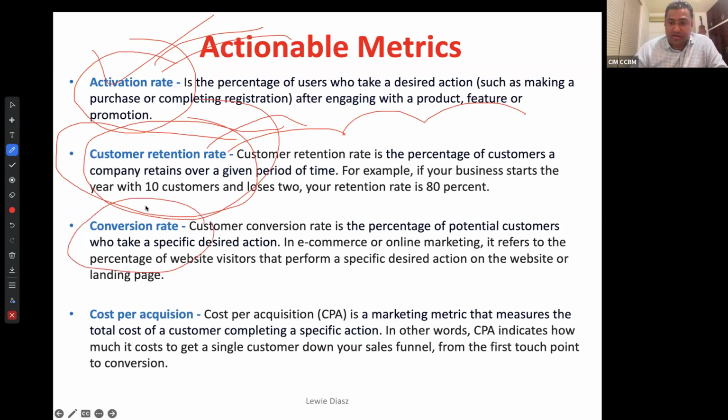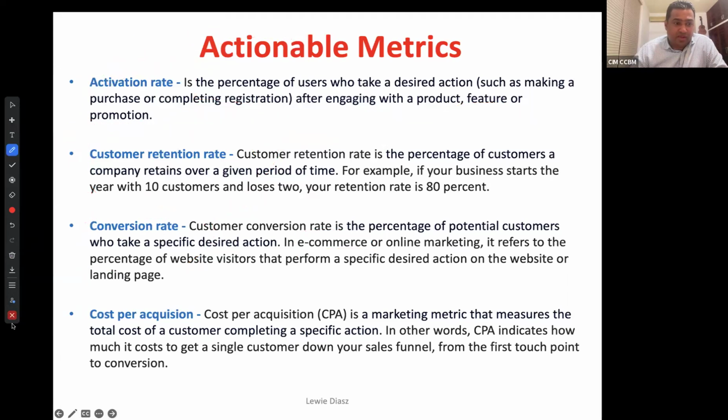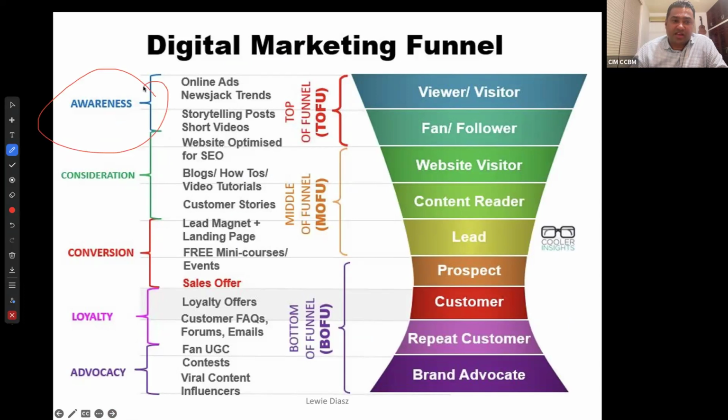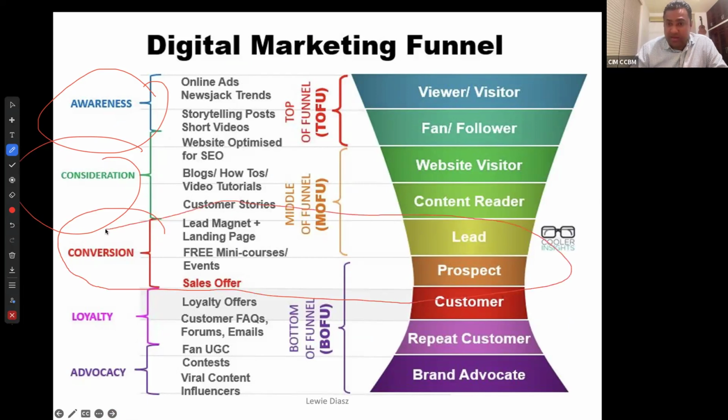Conversion rate. Conversion rate especially comes in e-commerce, right? If you look at e-commerce, the purpose of e-commerce is to create awareness, consideration, conversion. What do you mean by conversion? Conversion means you make a sale. There's no point having a high awareness, high consideration, but low sales. This is called the digital marketing funnel.